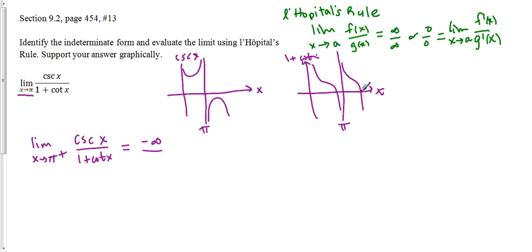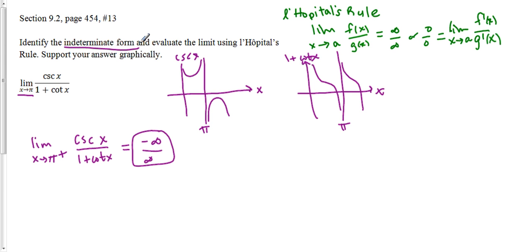And in the 1 plus cotangent x, I'm going to get positive infinity. So this is the indeterminate form that I was supposed to identify. And now I'm in luck because this means that I have infinity over infinity, or negative infinity over positive infinity, and I can apply L'Hopital's rule.